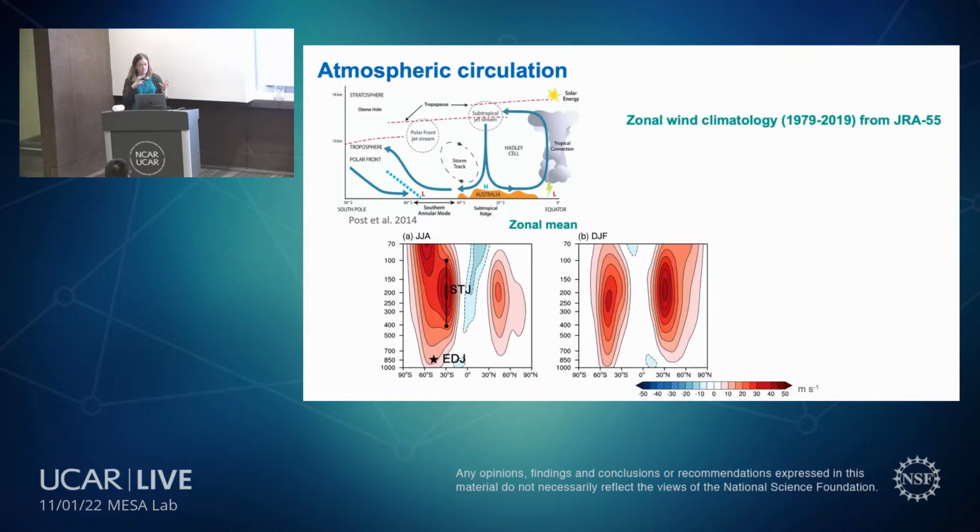So there is a bit of a difference in the sort of zonal mean situation in the southern hemisphere compared to the northern hemisphere, and that's because during winter, there's a distinct double jet structure. So at about 30 degrees south, there's the subtropical jet, which exists between about 100 and 400 hectopascal, and further poleward, there's a distinct separate jet, the mid-latitude jet.